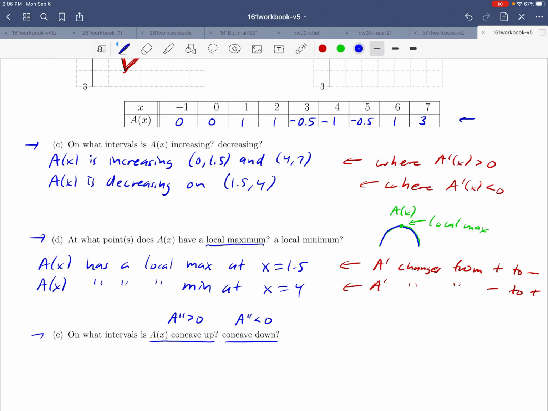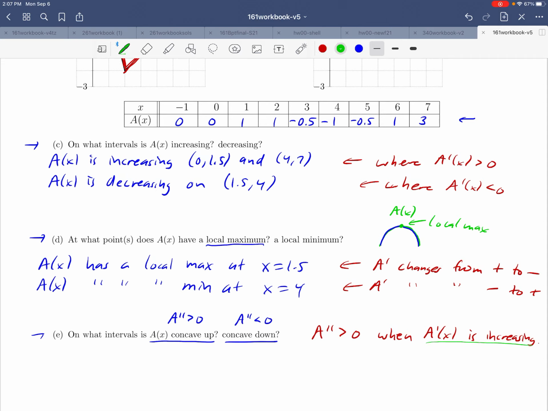So it helps to remember a little relationship between the first and the second derivative here. I'm going to just write it in the margin. The second derivative of a function is positive if the first derivative is increasing. Now, one way to think about that is to think about it the other way around.